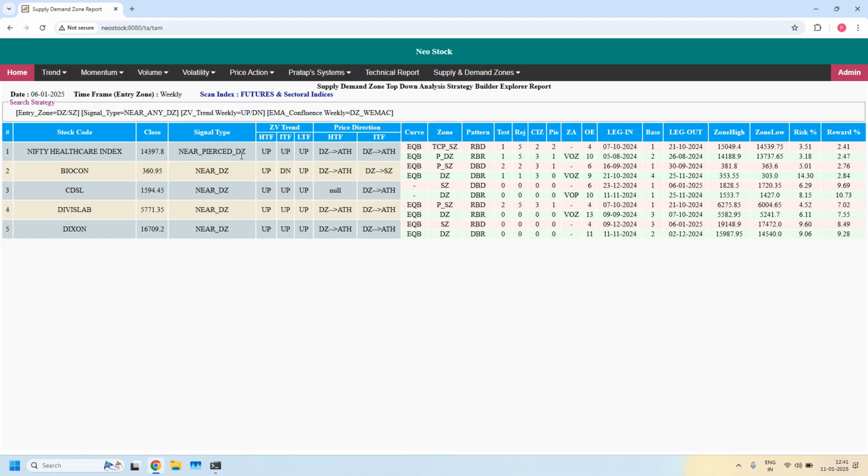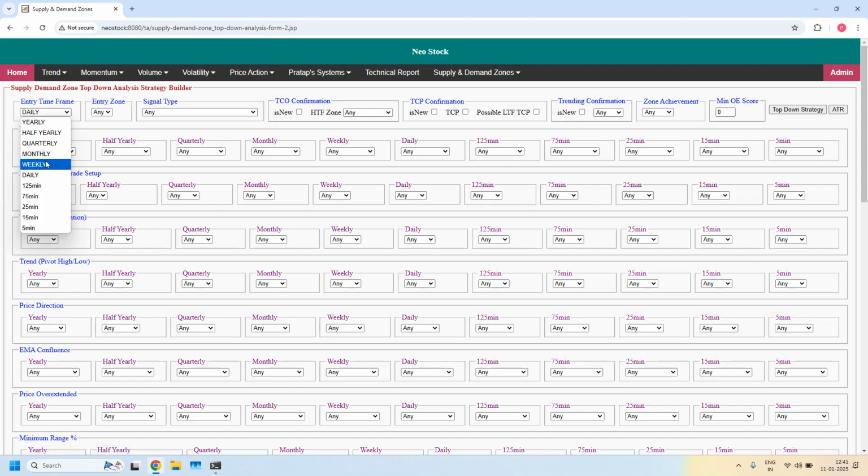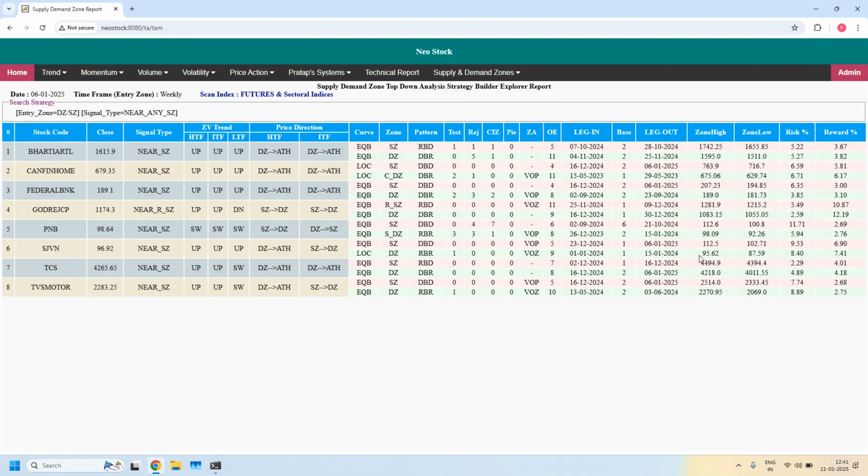And the first one is a pierced demand zone. Okay, next, weekly time frame, stocks near weekly supply zone. We have 8 stocks.